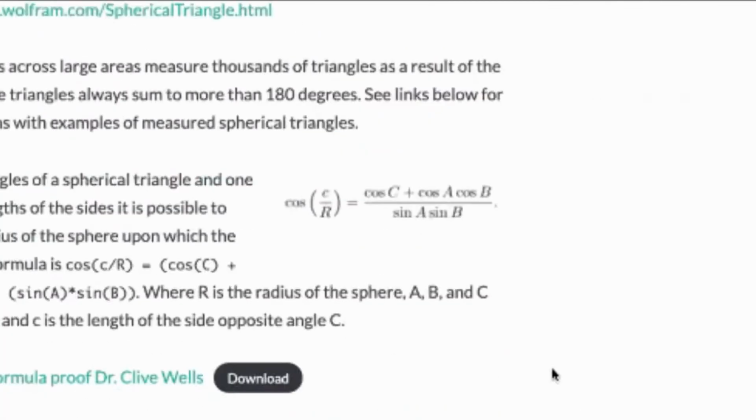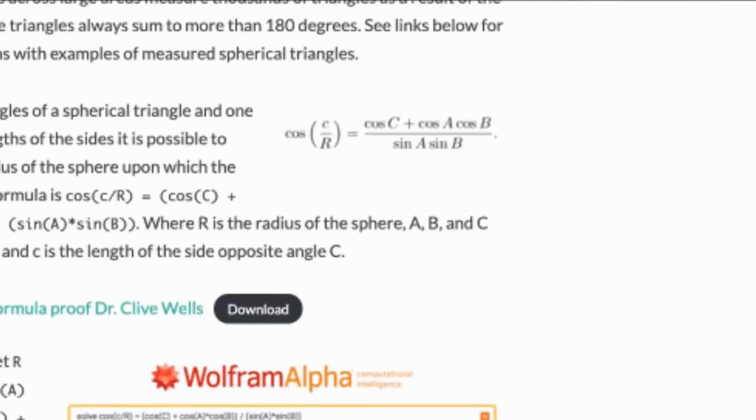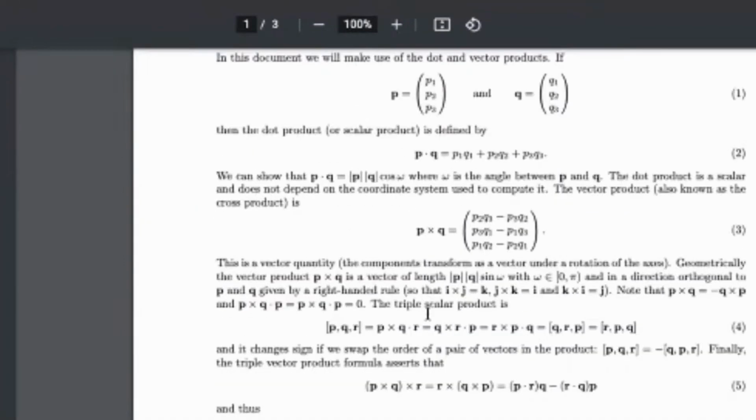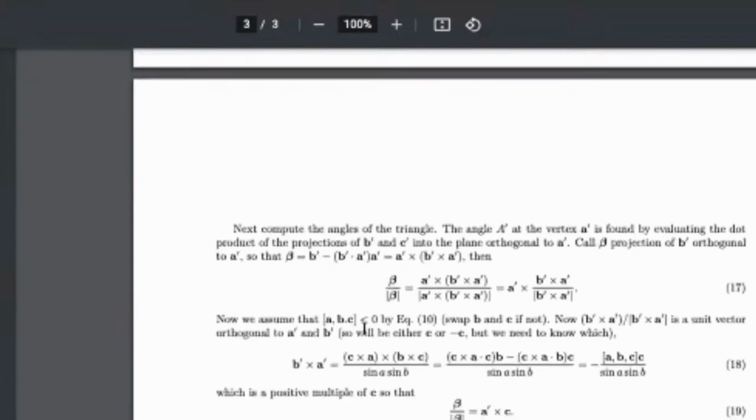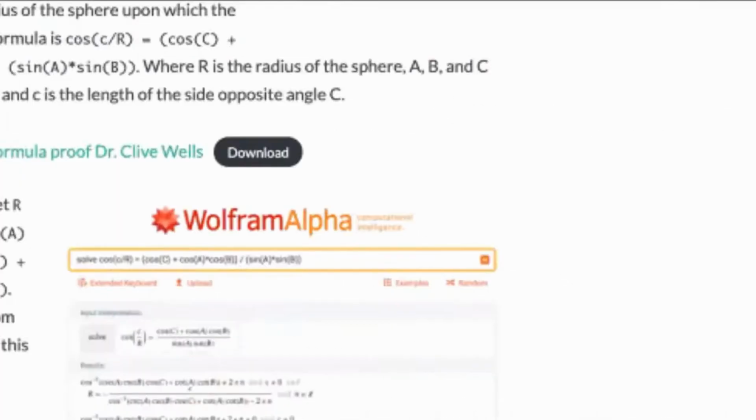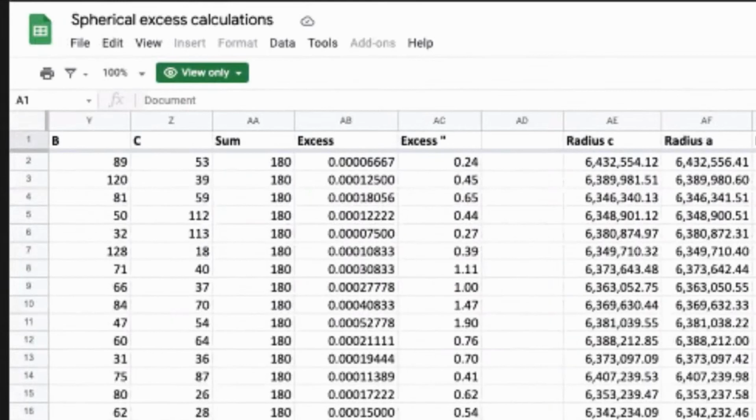The trig, and we can do some trig on that, right? So if you see right here, solving for R, a mathematical proof by the good Dr. Clive Wells. If you want to look at that, there you go, a little taste of some of the math proof he did there. We've found that the radius of all these is very much in line with each other.